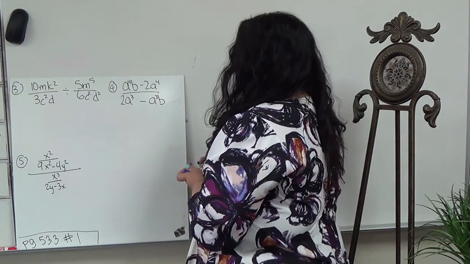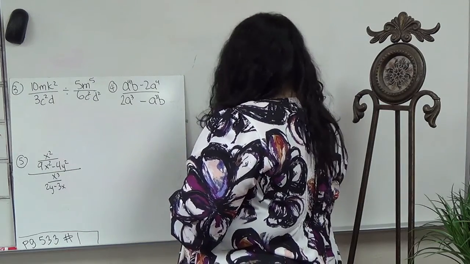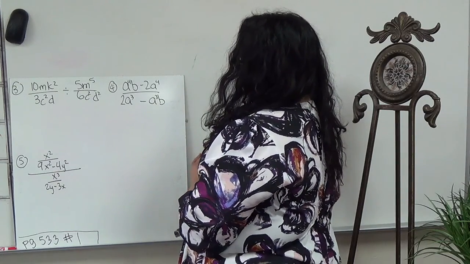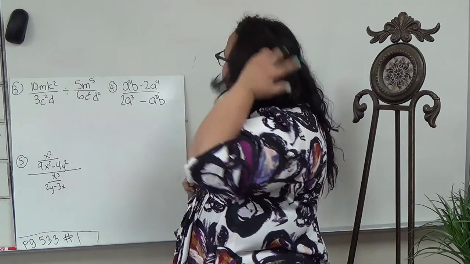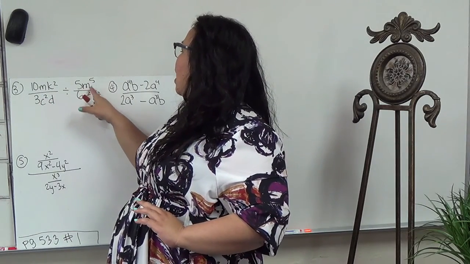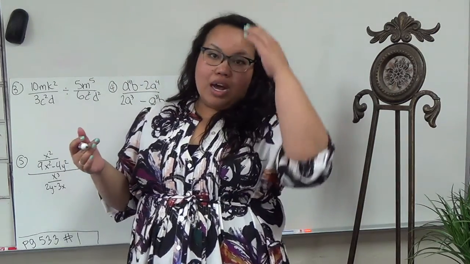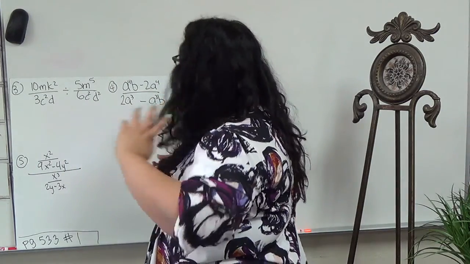So, when I'm dividing, this is m k squared over 5. This is the same thing as when I'm dividing fractions. When I'm dividing fractions, I flip and multiply.